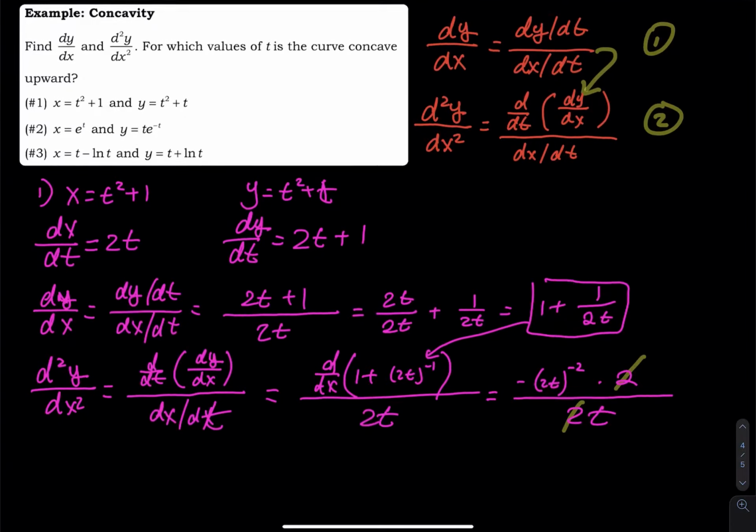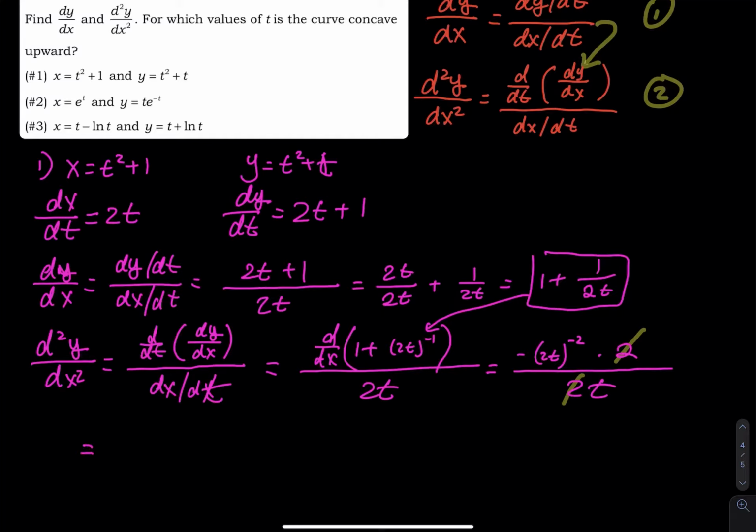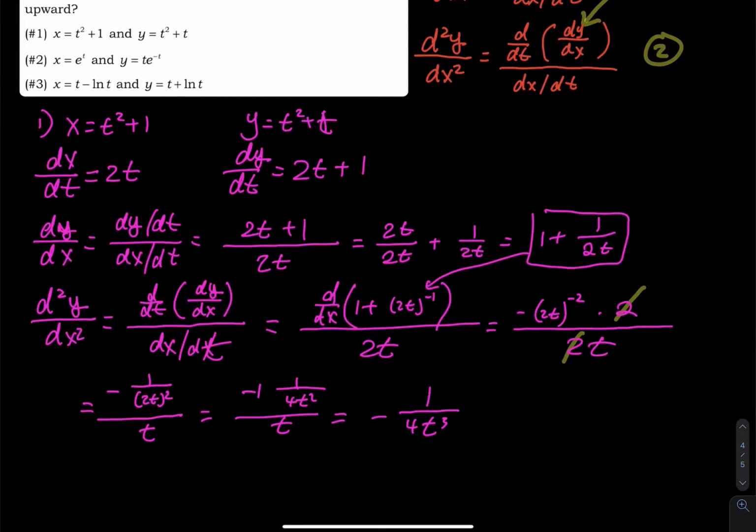So we have the second derivative, negative 1 divided by (2t) squared, divided by t. So overall, that is equal to negative 1 times 1 over 4t squared divided by t. So overall, we have negative 1 over 4t to the third. So this is the second derivative.